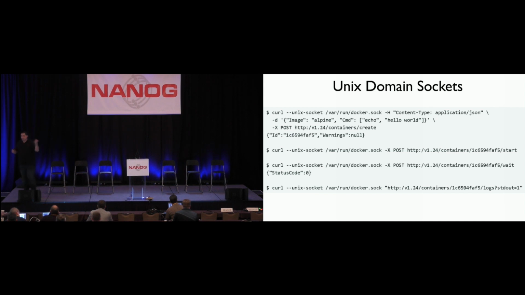Docker changed a lot, and in light of security risks, they no longer do that by default. The Docker socket, the Docker interface itself, is a Unix domain socket, sits on a local system, and someone from a remote system cannot get to it.